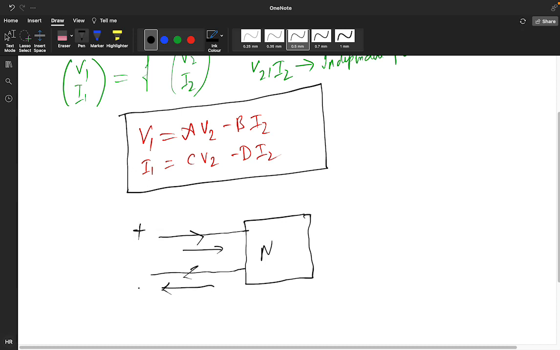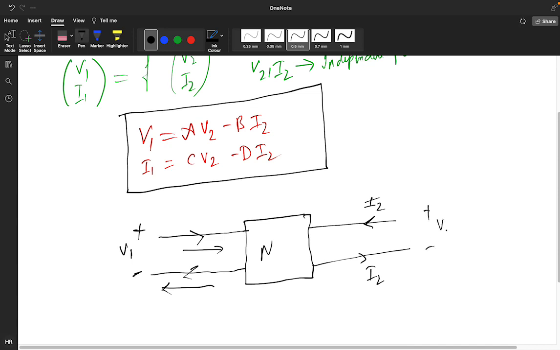Suppose you have positive and negative terminals. This is V1, and this is your I2 coming from this side.